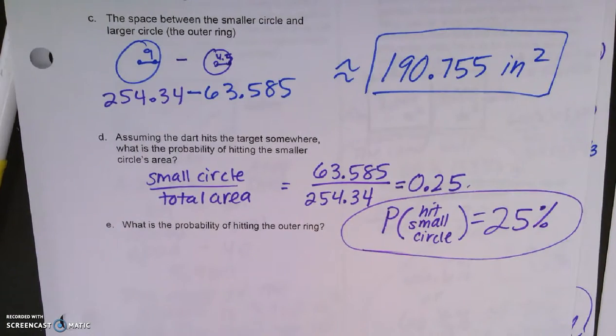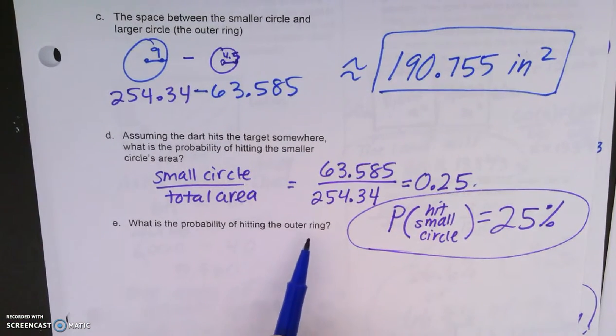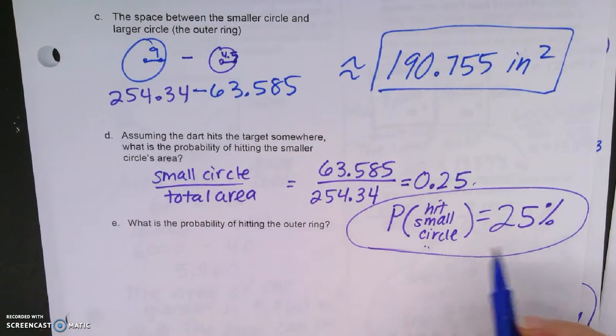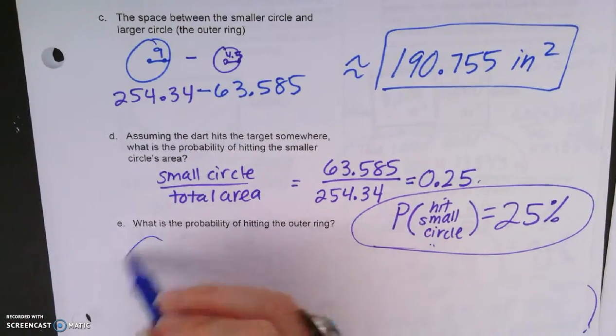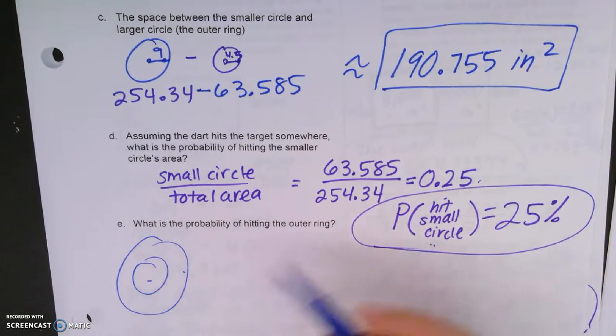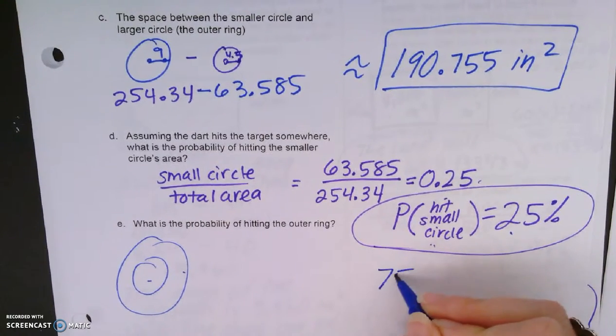That's excellent. So what's the probability of hitting the outer ring? Well, we can think about probability. If you're not hitting the small ring, you're hitting the outer ring. If we're landing in this area, the probability of landing in the area is 1. 100% minus 25% is 75%.